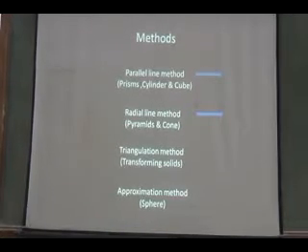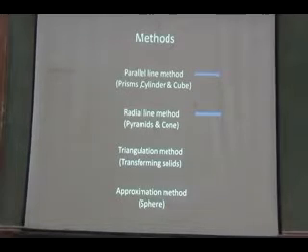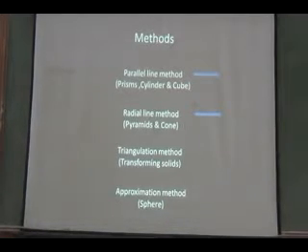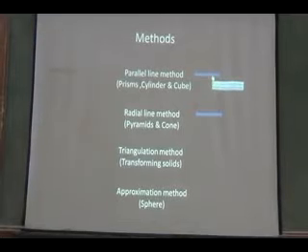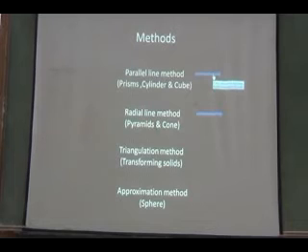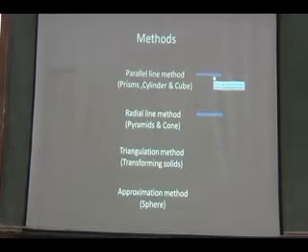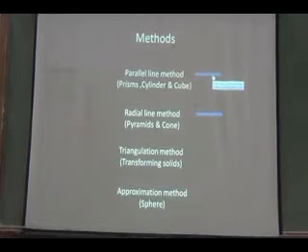Parallel line method, you have a method called parallel line method. It is generally used for prisms and cylinders and cubes. If the solid has regular side faces, then it is developed using the parallel line method.